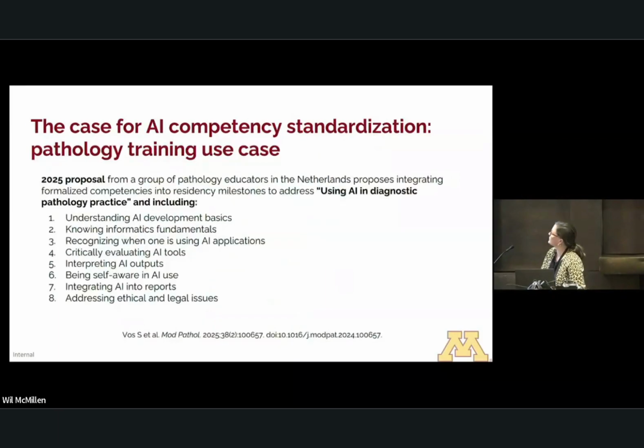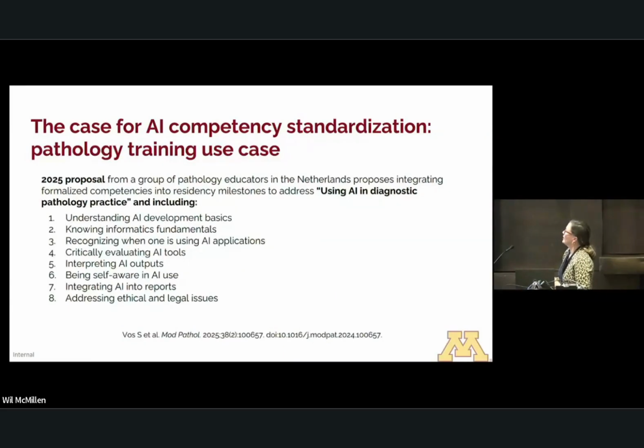Taking it a little bit further, I wanted to highlight this also very recent paper that just came out of, came from the Netherlands. So this paper discusses the Dutch pathology residency framework, which is a little different than the US, but they discuss both.